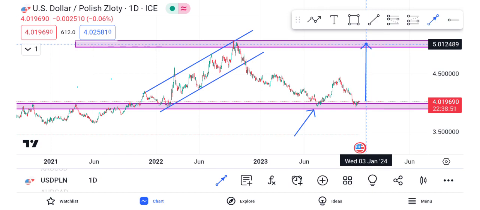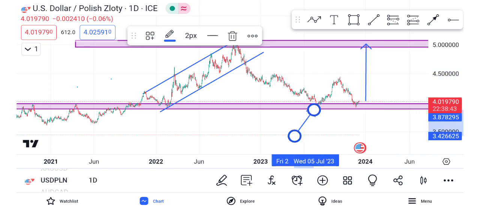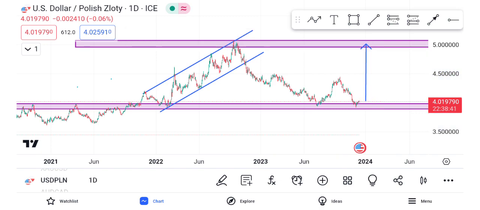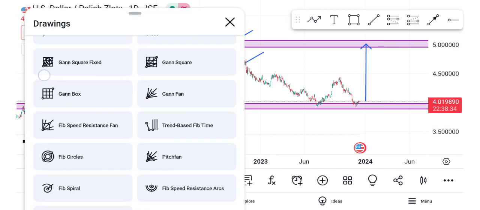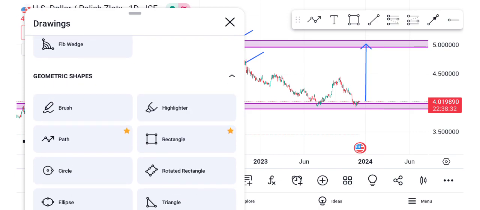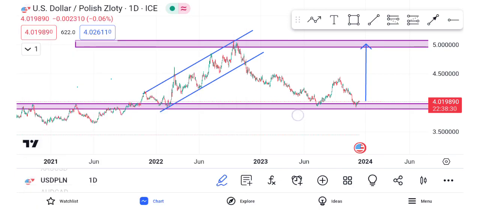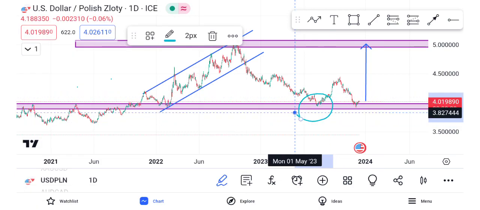So for us to know what's going to happen, we are going to look for a bullish rejection candle here. We are going to look for a bullish rejection candle there.